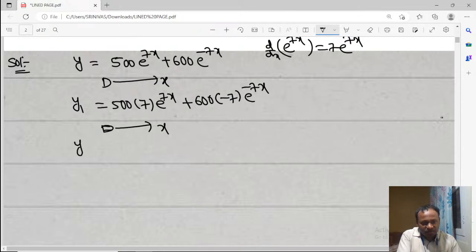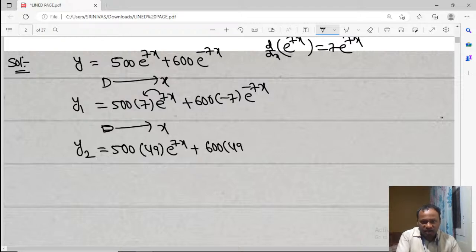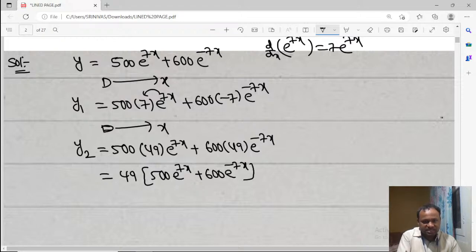With this you will get the required answer directly. How? Let us see. y1 differentiation is y2: 500 into, again, 7 into 7, 49 into e power 7x, plus 600 into 49 into e power minus 7x. From this, I will take out 49 common. What we get? 500 e power 7x plus 600 e power minus 7x, that is equal to 49 into y.